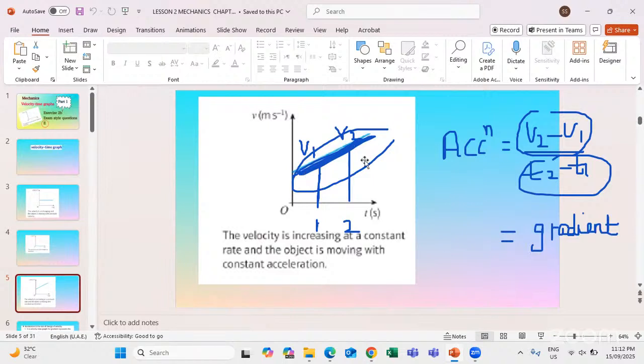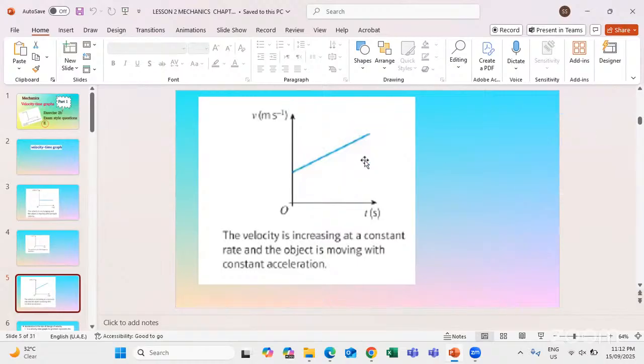So we say there is a constant change in the velocity. It means if you move from t equal to 1 to 2 seconds, the change in velocity is the same as from 2 to 3 seconds and so on. We need to remember one very important thing here: the object is moving with constant acceleration.